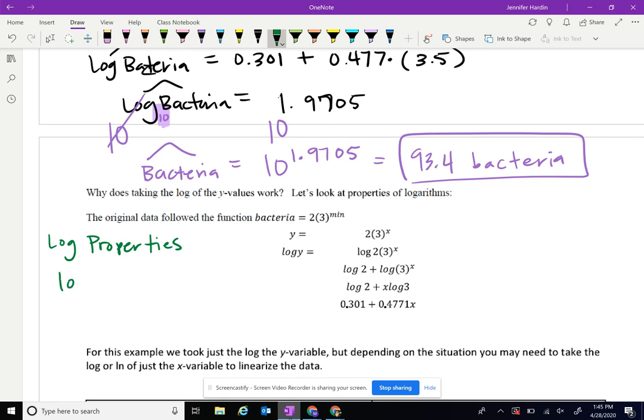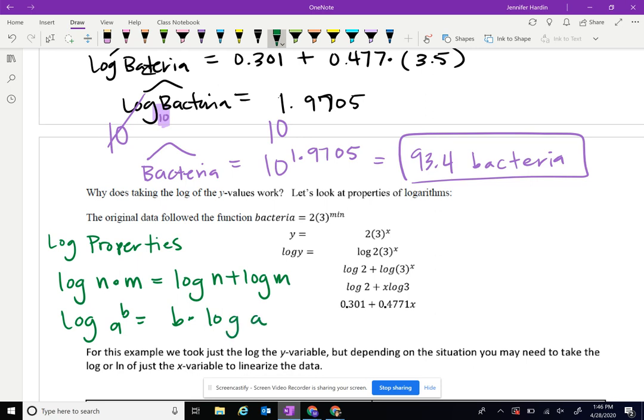When you're multiplying, that's the same as adding two separate logs. And if you're raising a log to a power, that's the same as multiplication.